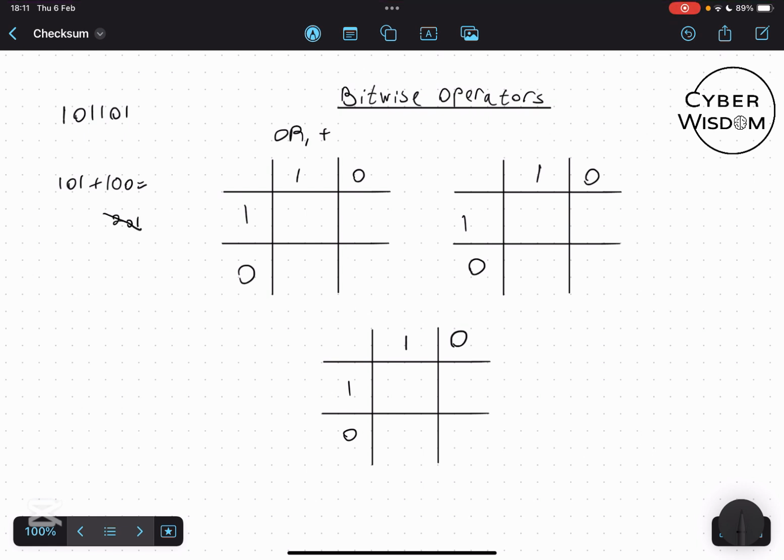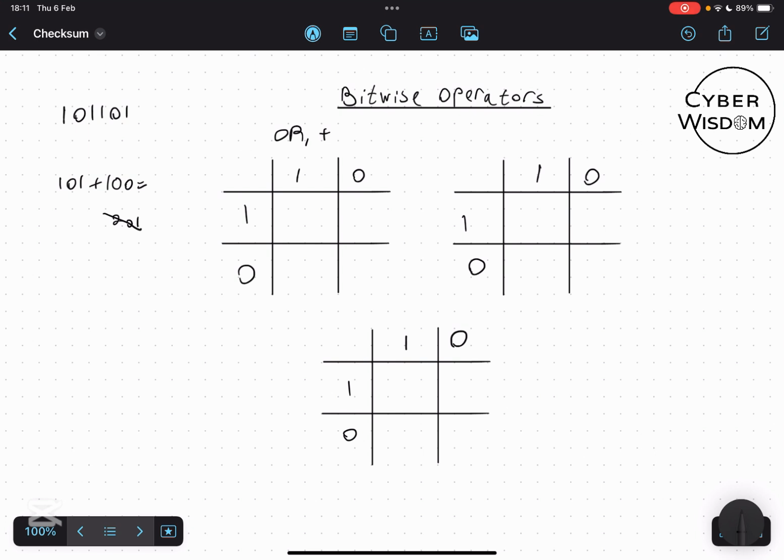We're talking about binary, so we can also add the binary numbers themselves, but now I'm talking about OR, which is not a math equation. OR says: if I have 1 and 1, give me 1. If I have 1 and 0, give me 1. If I have 0 and 0, give me 0.